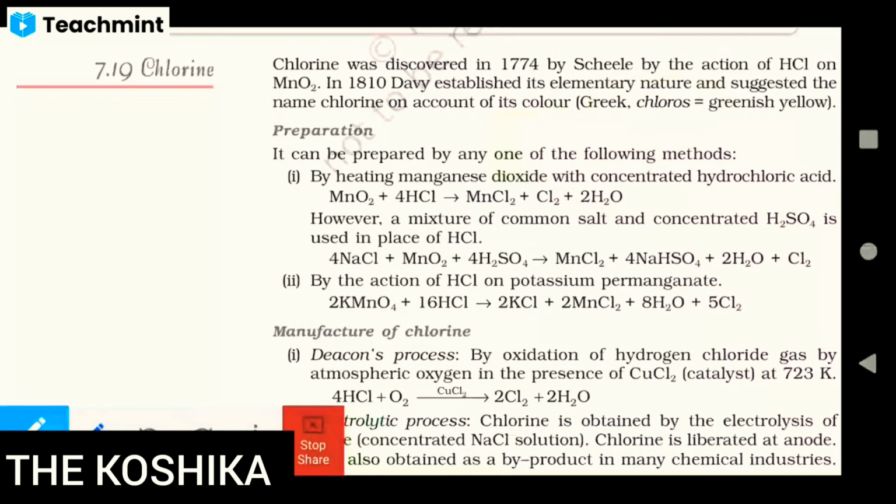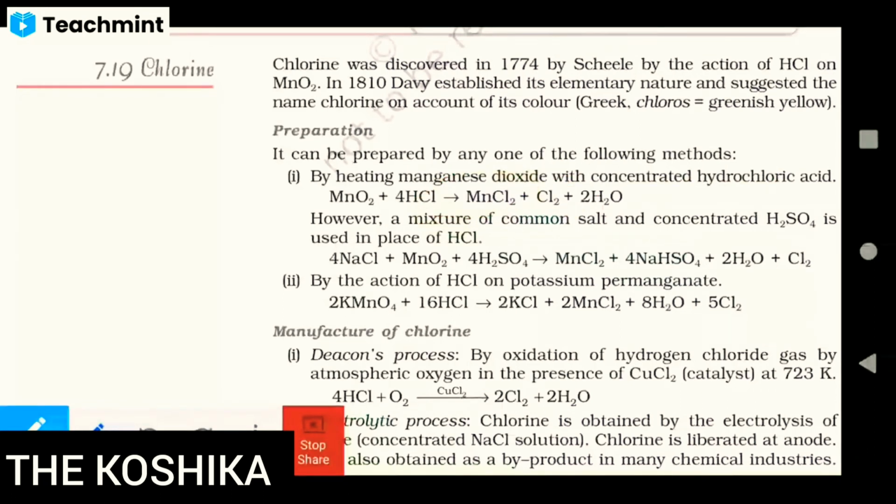प्रिपरेशन की बात करते हैं, किसी भी एक तरीके से बनाया जा सकता है जो नीचे दिए हुए एग्जांपल्स हैं. By heating manganese dioxide with concentrated hydrochloric acid, that is MnO2 plus 4HCl, that gives you MnCl2 and Cl2, the desired product, what you actually want, plus 2H2O.